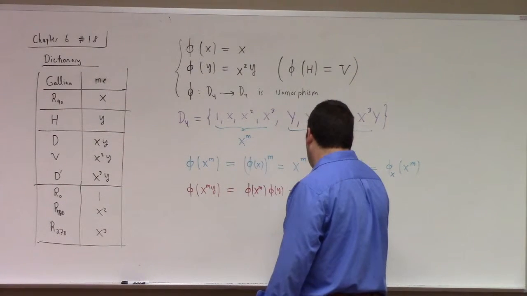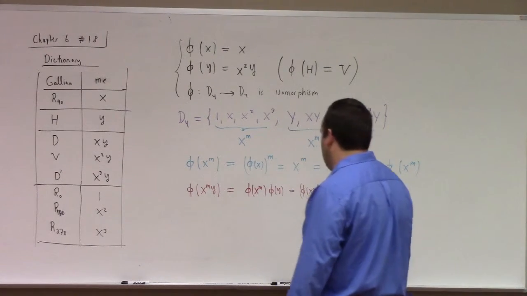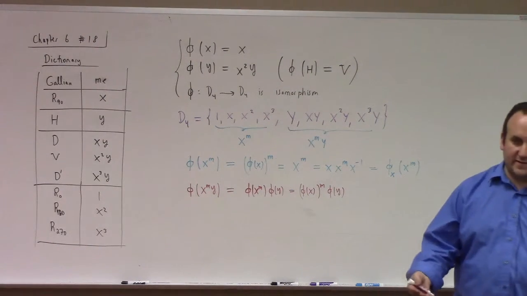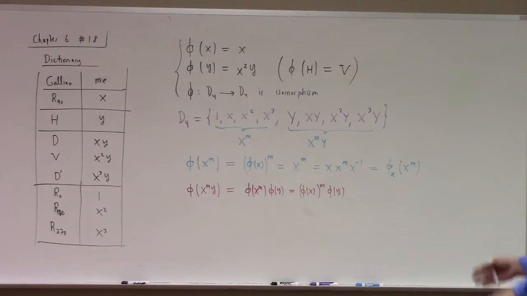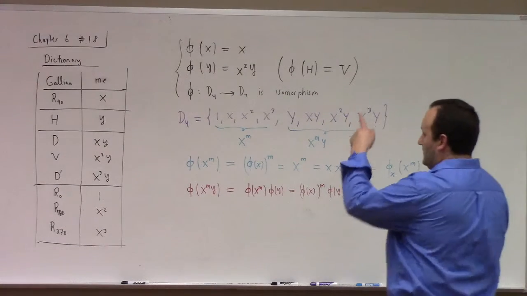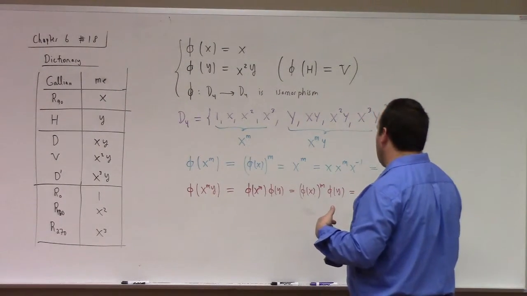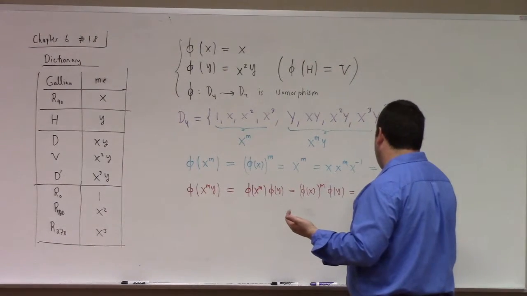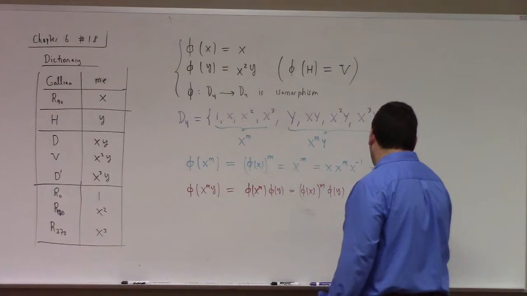So that's phi of x to the m times phi of y. Again, all I've used so far is that it's a homomorphism. I haven't used the data yet. Now I use the data. Now this gives me x to the m. And phi of y, what was phi of y? Phi of y was x squared y.